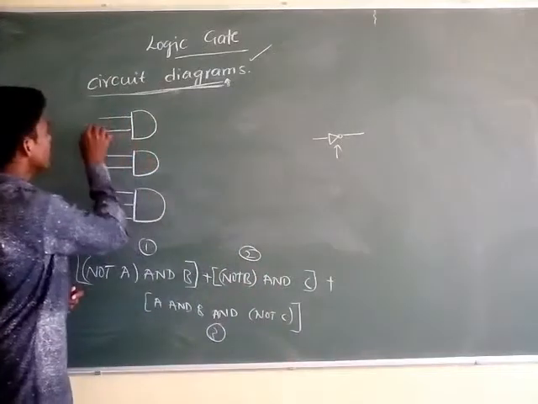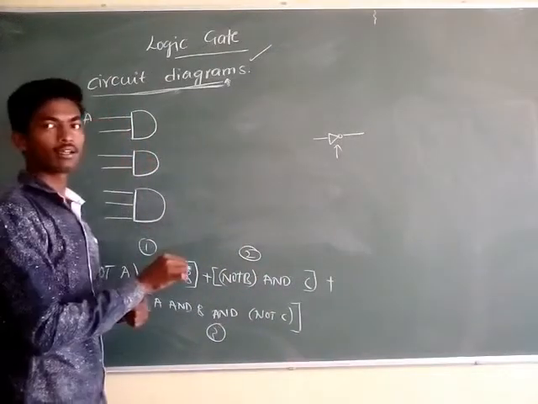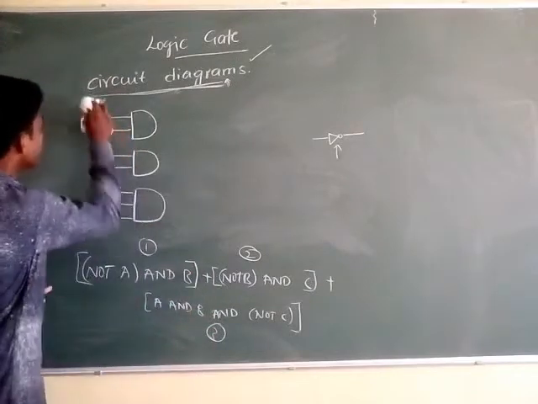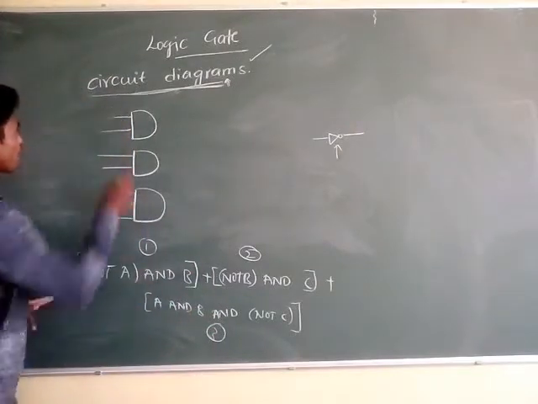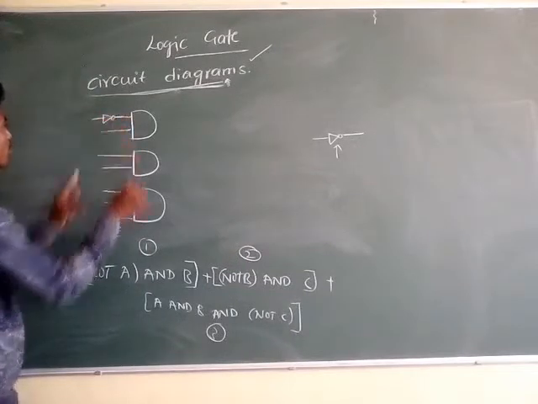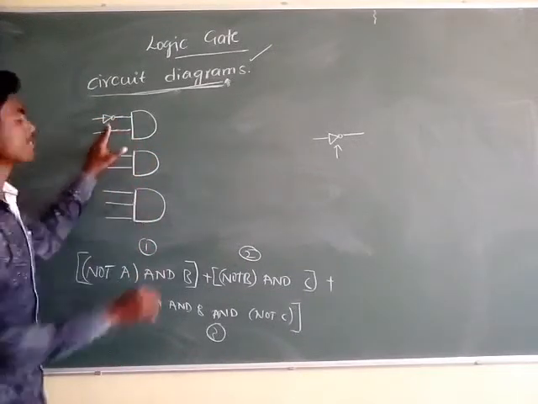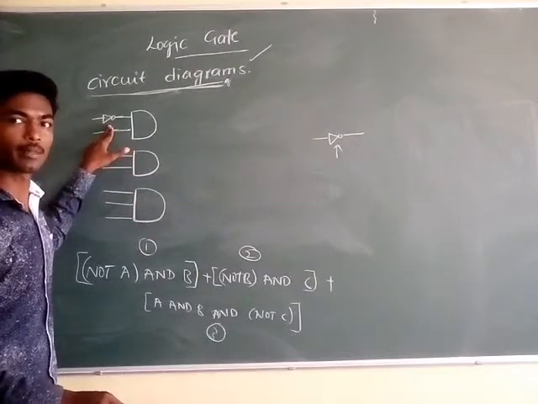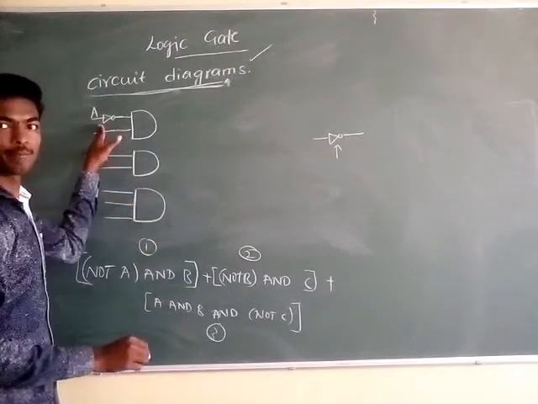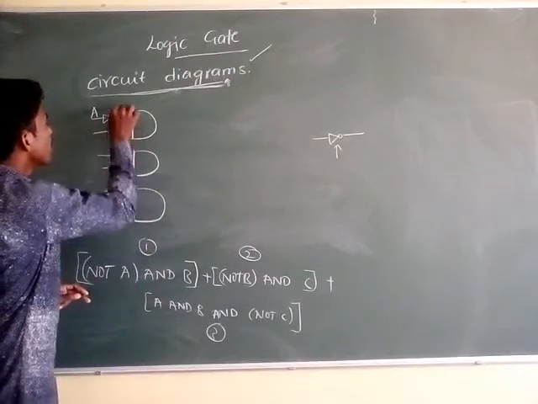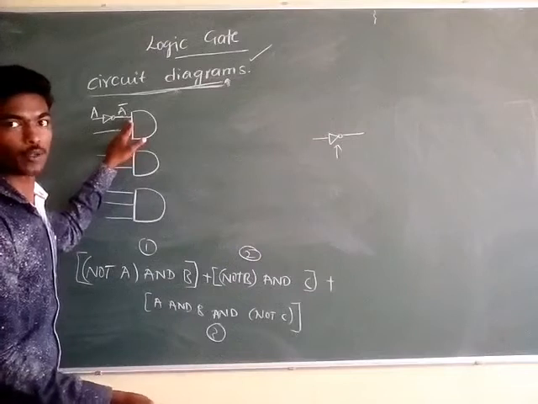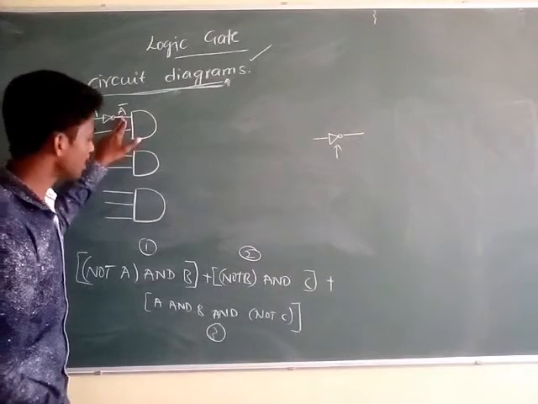If you provide A here but you need not A, it is convenient to insert a NOT gate before the input goes into the AND gate. So I am inserting the NOT gate in the first input line, so that A will be converted into A complement before the AND gate. Okay?